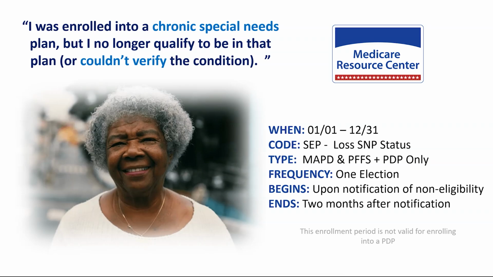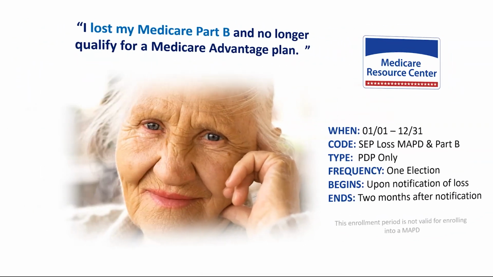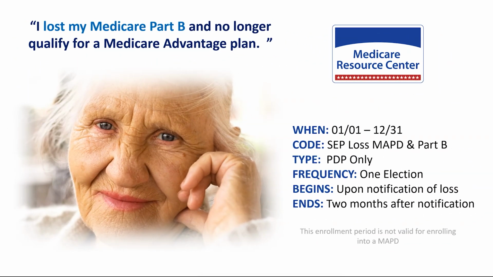We're sending you a letter. You've got to get out of this plan. Well, check this out. With that special enrollment period, since they can't stay in the plan, they lost their SNP status, now you can put them on any plan, not just a special needs plan. So knowing special enrollment periods, or enrollment periods in general, requires a little creativity on your part. Remember, we're trying to create solutions for our clients to help them, and that could be one way to do it.